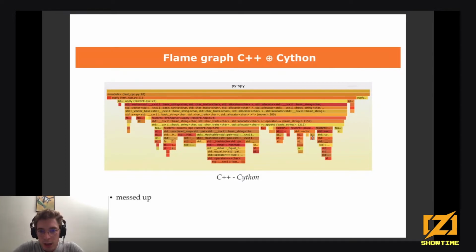So coming back a bit, I did some profiling of the two Python wrappers. The first one, I'm not going to spend much time on it because I think it's pretty messed up. With a flame graph, when you have something compiled with O3, it's really a mess. The call stack is really not preserved.